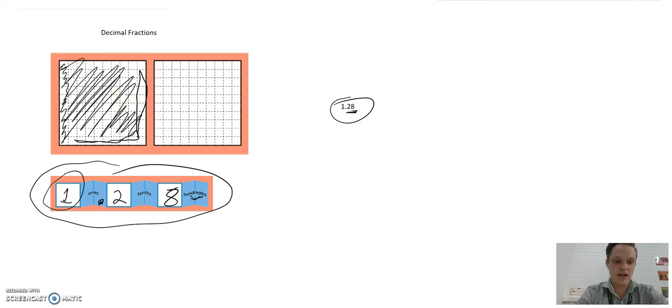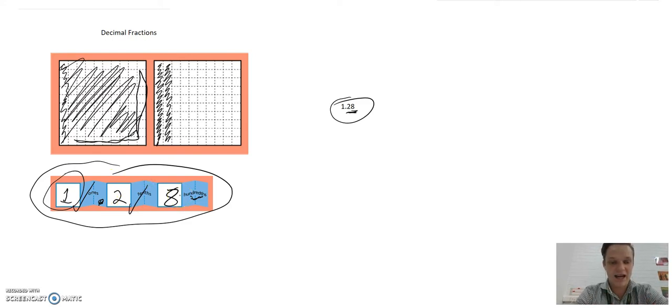We then need to move on and to do our 0.28. So the 2 is 2/10. If we were to do our tenths, which is one column, that's 1/10. Second one is 2/10. So we've done that, we can tick that. We need to do our 8 hundredths.